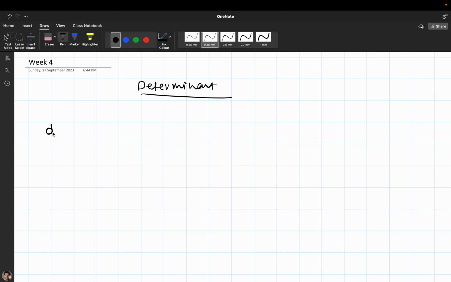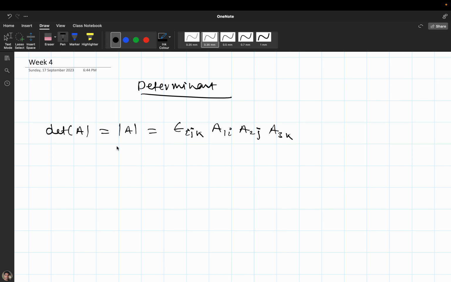The determinant of matrix A, also denoted by determinant of A, I can write as epsilon ijk A of 1i, A of 2j and A of 3k. Have you guys ever seen this? Tell me. No.